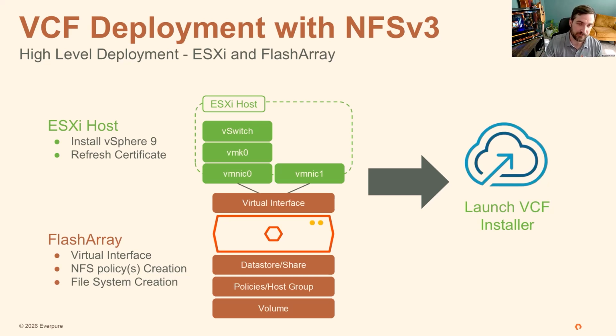Then you launch the VCF installer, and you fill out the NFS mount point connection and the server information. Once you get your VCF instance up and running, you can go ahead and just create an iSCSI data store if that's your primary method that you prefer. So if you're an Ethernet shop, just get started on NFS because that is supported for greenfield environments, but just add iSCSI after the fact, or if you do NVMe over Ethernet, etc.